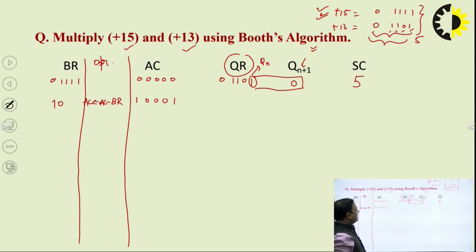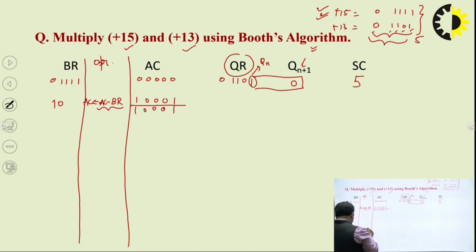So what I have done? I have done AC minus BR, because I have taken the complement of BR, the multiplicand, and added these two numbers, that is 0 plus 1 1, 0 plus 0 0, 0 plus 0 0, 0 plus 0 0, 0 plus 1 1, right?